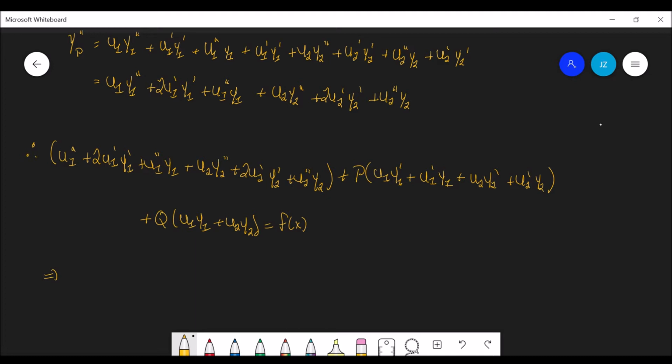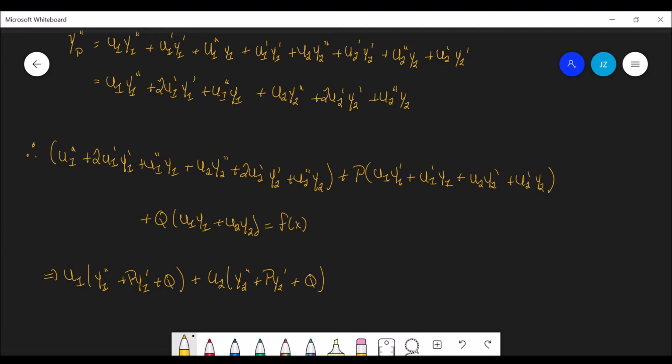So let's try and group all of our u1 terms together, all of our u2 terms together. So what do we get? We'll get u1 times (y1 double prime plus p y1 prime plus q y1) plus u2 times (y2 double prime plus p y2 prime plus q y2).